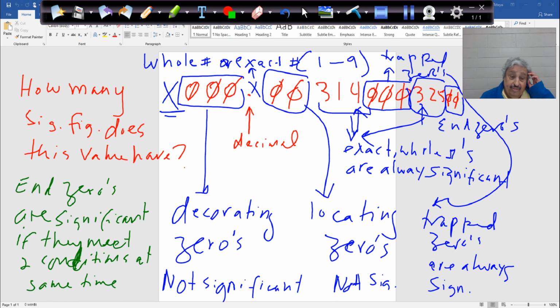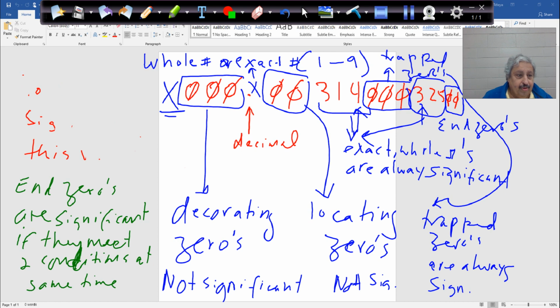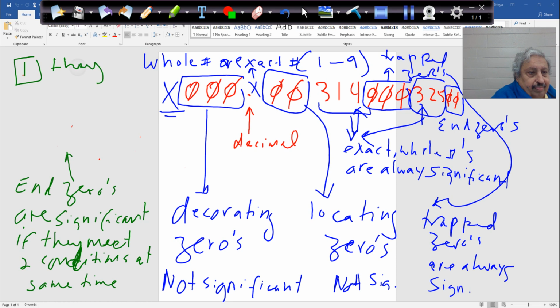Well, the first one here is, let me take this tab so I have space. So what's the two conditions? The first condition is they come after a whole exact number.